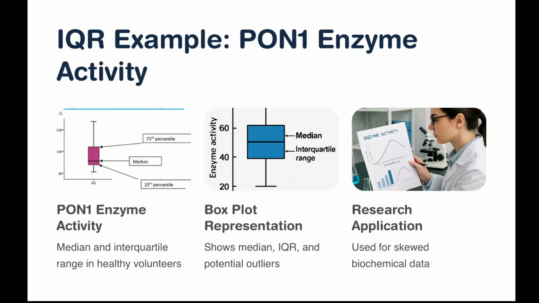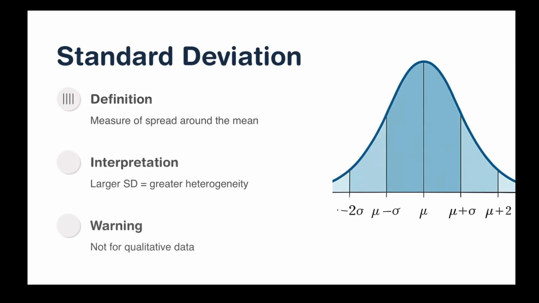And it can be represented visually as a box plot. It gives us an idea about the median, interquartile range, and potential outliers. Its application will be for skewed biochemical data.